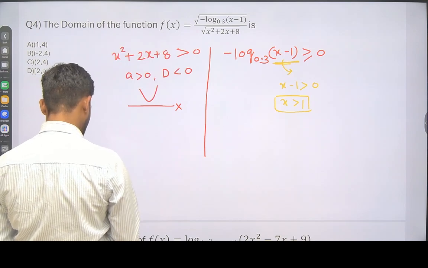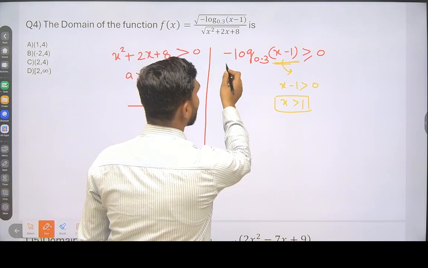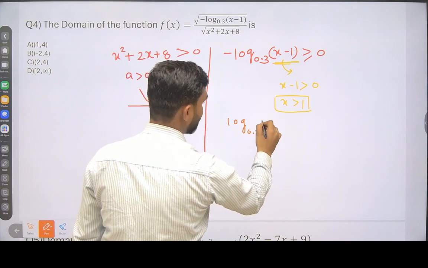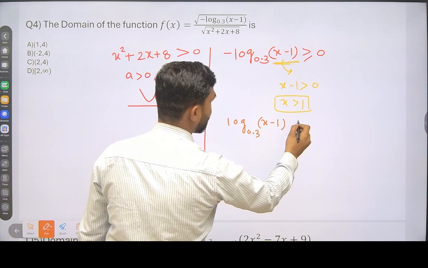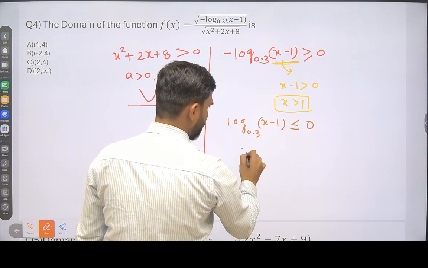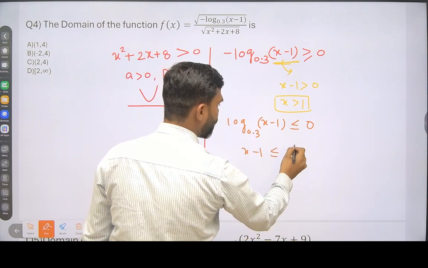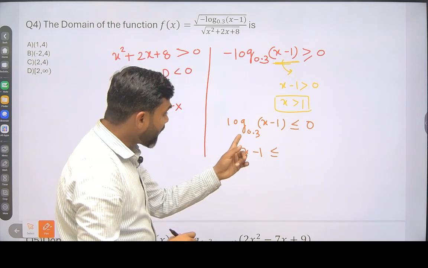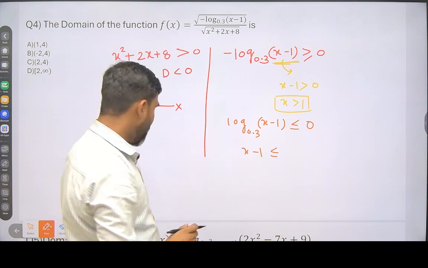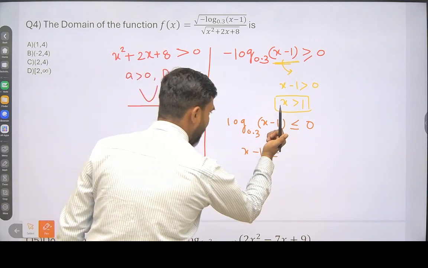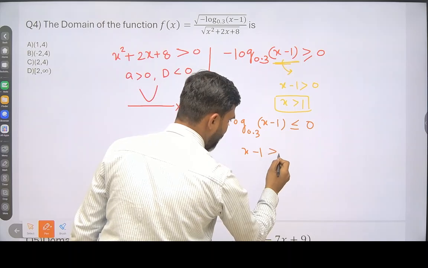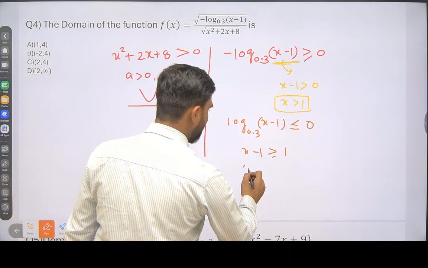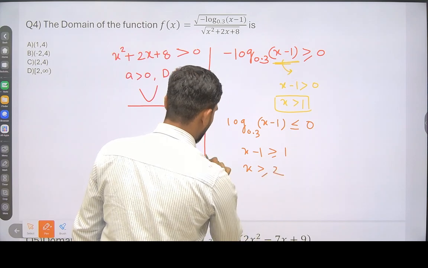If you multiply by the minus sign, log of x minus 1 to the base 0.3 is less than or equal to 0. When you take the anti-log and a is less than 1, the inequality gets reversed. So x minus 1 is greater than or equal to 1, since 0.3 raised to 0 is 1. So x is greater than or equal to 2.